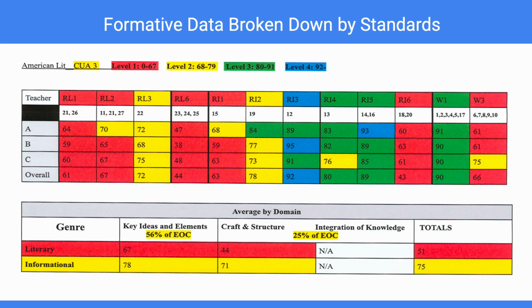What's very telling though is the average by domain. She's highlighted here for us that the informational text is really leading the pack. And if you look at key ideas and elements, that's 56% of the EOC.